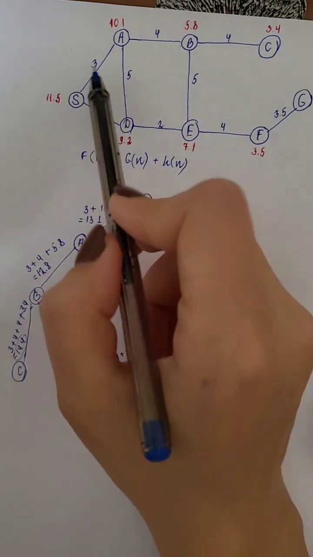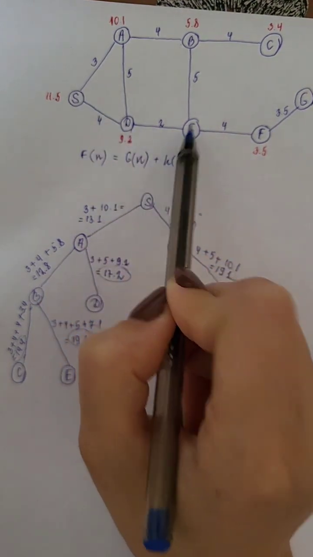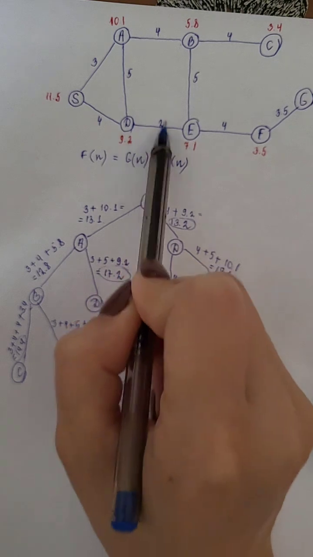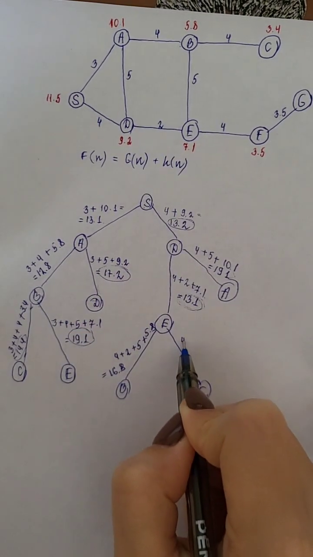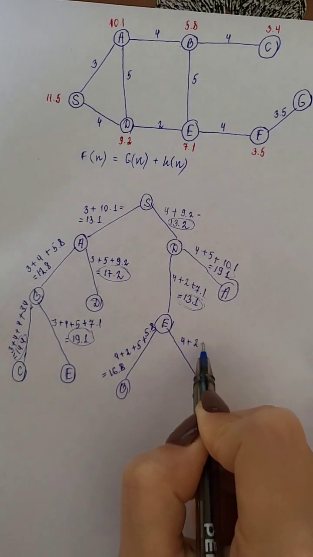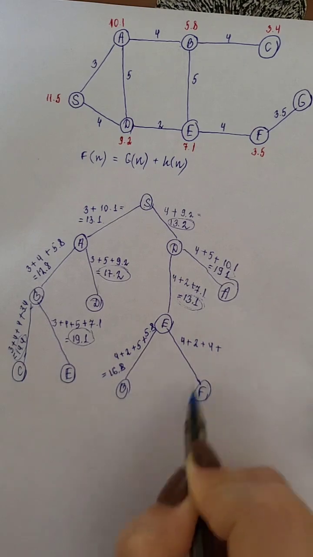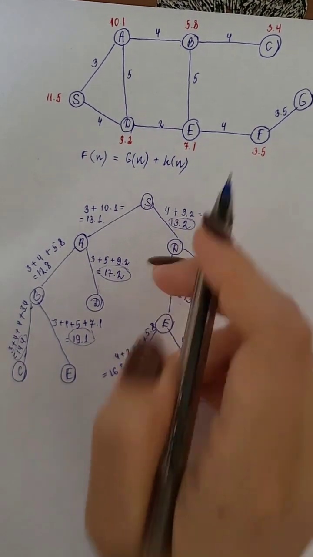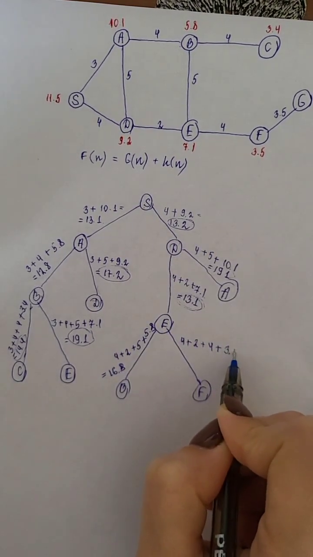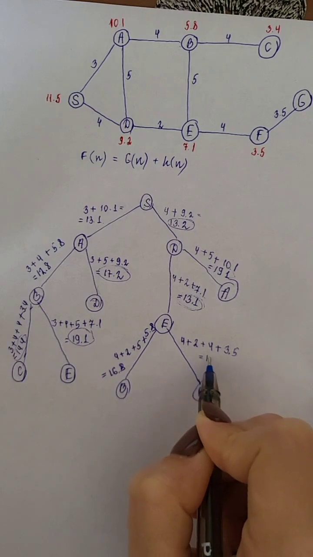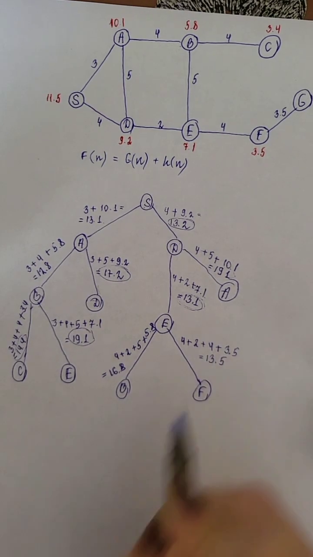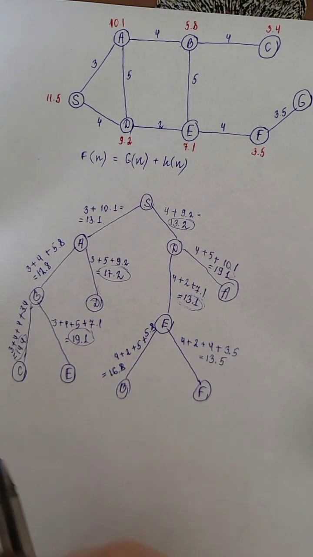And let's look at F. SDEF road. SDEF. 4, 2, 4. So I will write here 4 plus 2 plus 4 plus, what's the heuristic value of F? 3.5, which gives us 13.5. Yes? Okay.